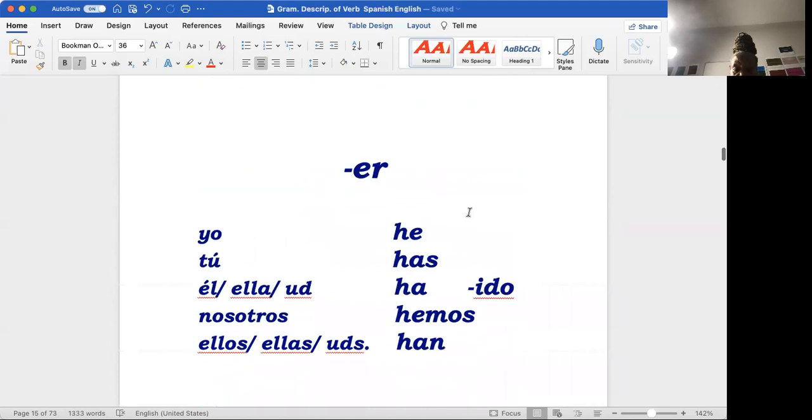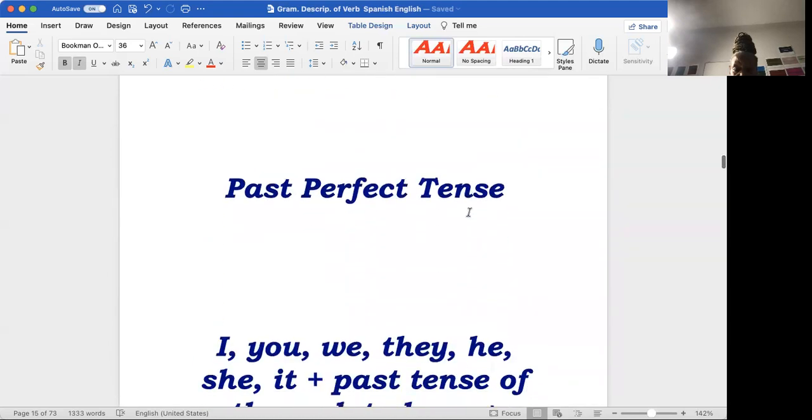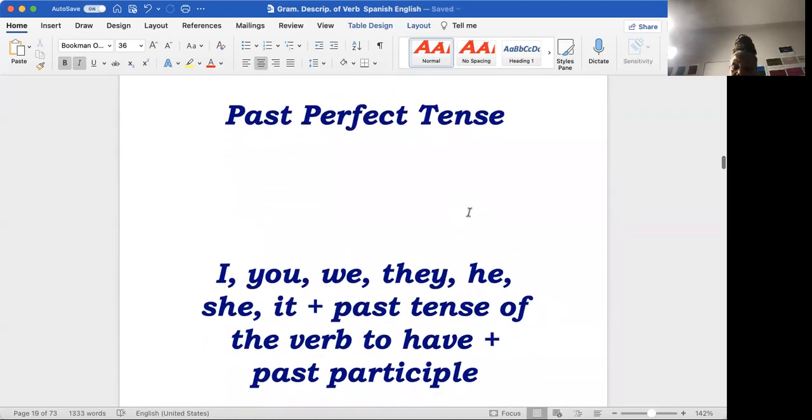So let's go down quickly. Now we're talking about the past tense of the verb to have, plus the main verb, whatever that verb is. Since we're talking about regular verbs, it has to be a verb that follows the rule. So this is the past perfect. I had eaten. I had talked. I had walked.